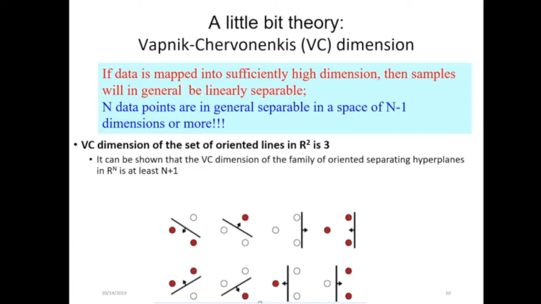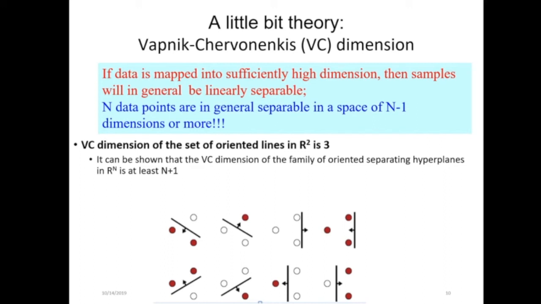You can always separate 2 or 3 training points, with whatever 2-class label combination, using a linear line. Question about this? Because this is the key. It's the fundamental idea of SVM.